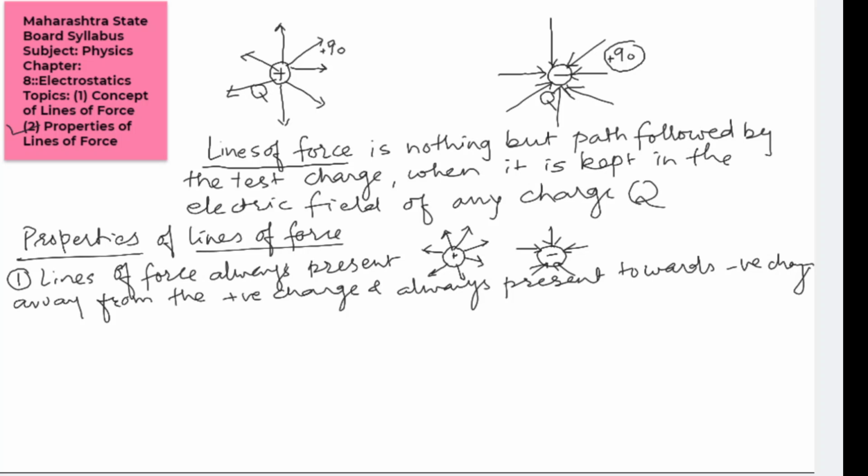Now the second property. To discuss this second property, again we have to draw a diagram. Suppose I am drawing this positive charge here, and this is the negative charge, and here I am drawing positive charge and positive charge.